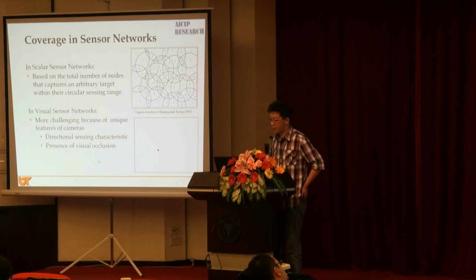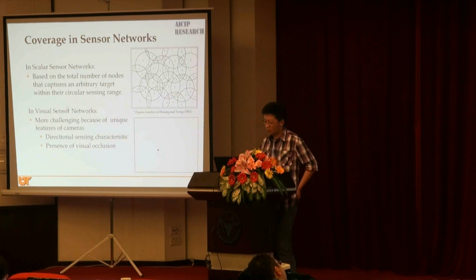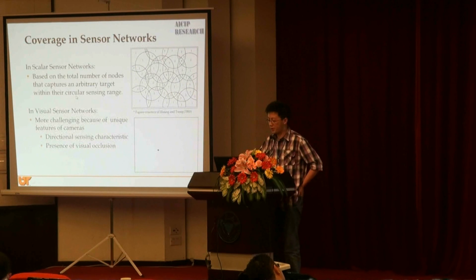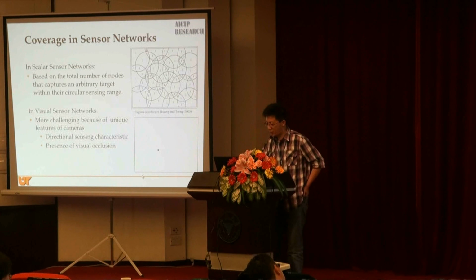Here we introduce the coverage in sensor networks. In scalar sensor networks, coverage is based on the total number of nodes that capture an arbitrary target within their circular sensing range. We can see from the figure.